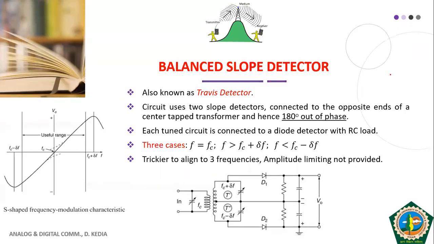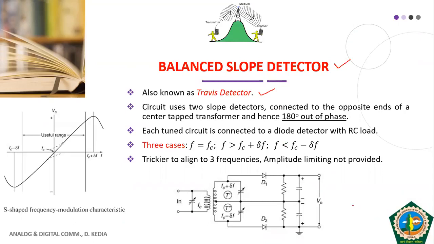That problem has been taken care of up to a certain extent in your balanced slope detector. So the balanced slope detector is, in a way, an advanced version of the basic slope detector. This balanced slope detector is also called the Travis detector. This is another name for it.